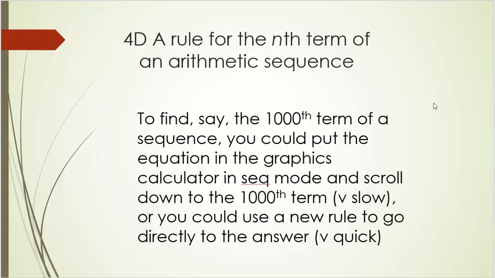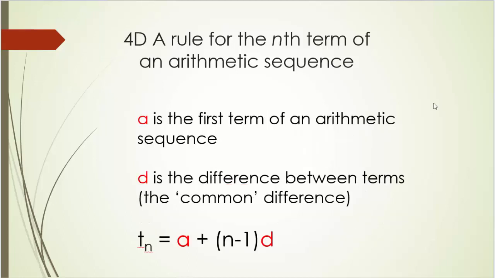So we're still dealing with recurrence relations, but we're just adding a new rule, which is at the bottom of the screen. Tn equals a plus n minus 1 times d, where a is the first term, and d is the difference between each of the terms, which is going to be an addition or a subtraction on an arithmetic sequence.